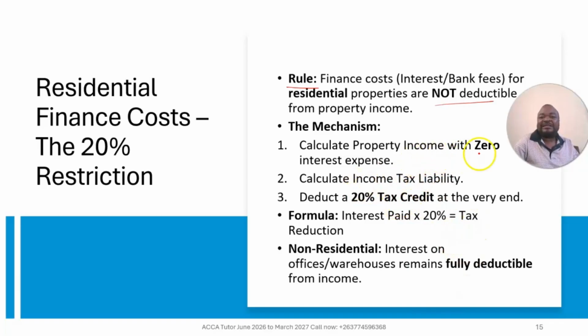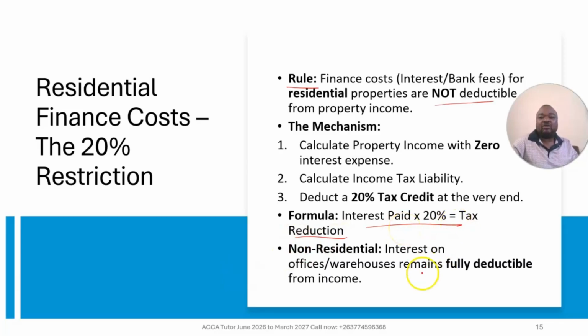You need to calculate property income with zero interest expense. You then have to calculate income tax liability and then deduct a 20% tax credit at the very end. That's what you are allowed to do. So the formula, the interest paid multiplied by the 20%, this comes to the tax credit which we are talking about.